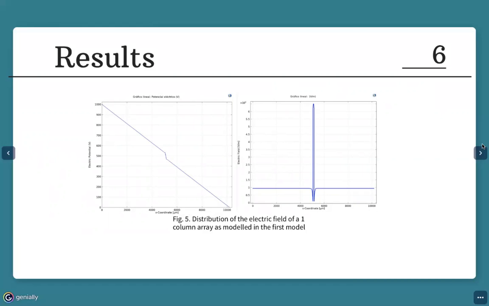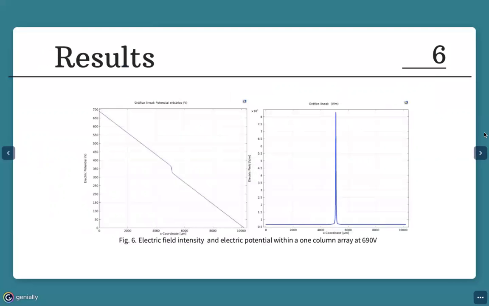After changing the geometry of the system, these are the results we obtained. With 31% less input voltage, 690 volts to be exact, we managed to enable the device to operate with an even smaller voltage while increasing the electric field intensity in the constriction region.